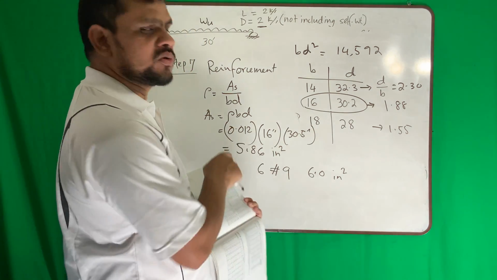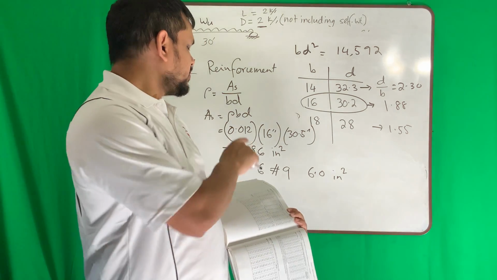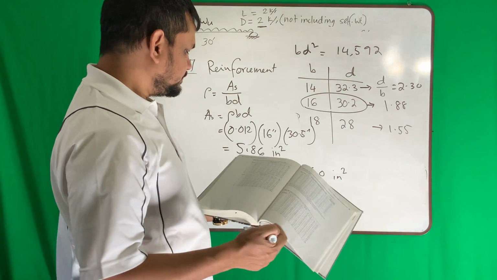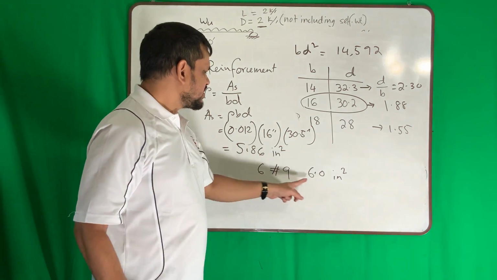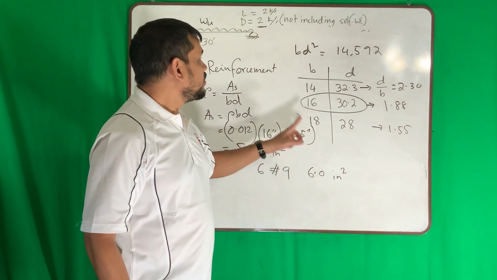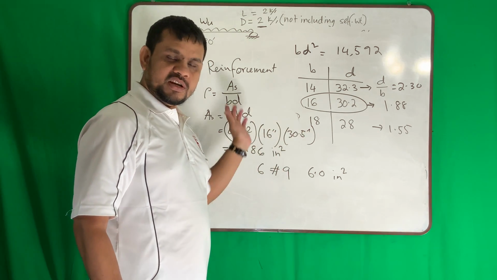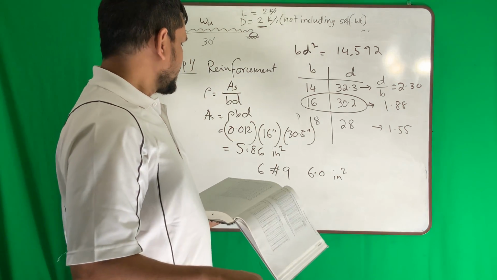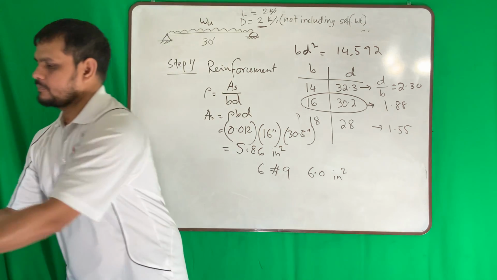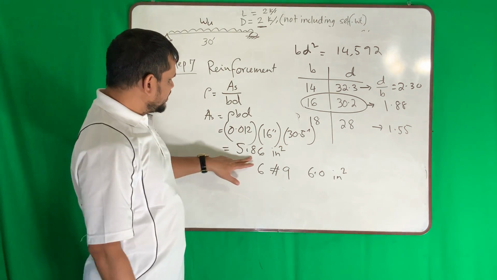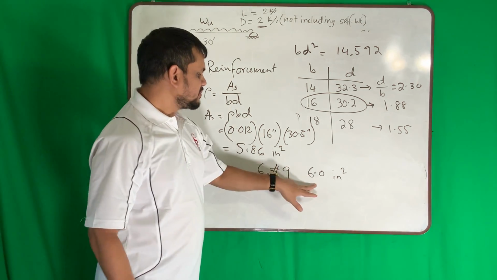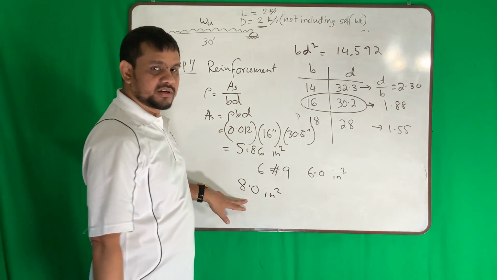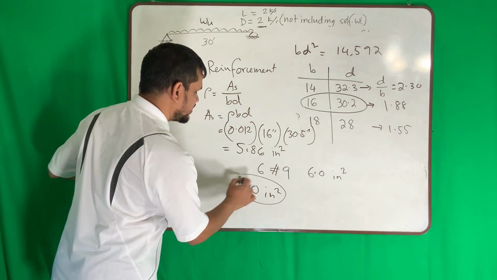But try to be very close to it, because if you provide so much, your reinforcement ratio will change. That is risky. That means if you provide so much here, your rho will change, and you have to check your phi value again. Maybe you did not understand. You need 5.86. You are providing 8 inch square. If you provide this, what is the problem?